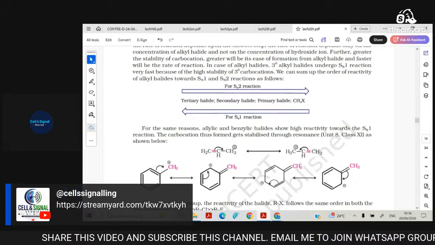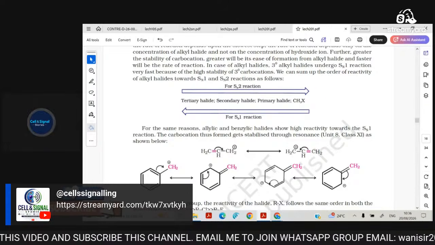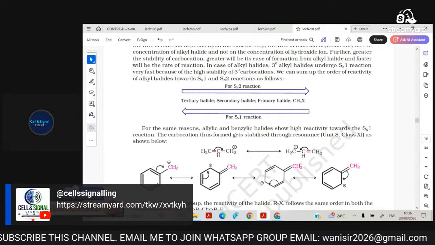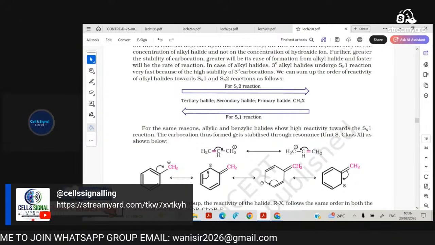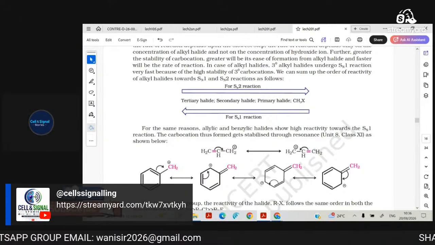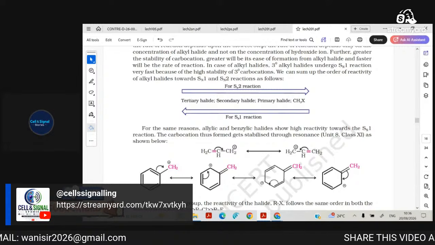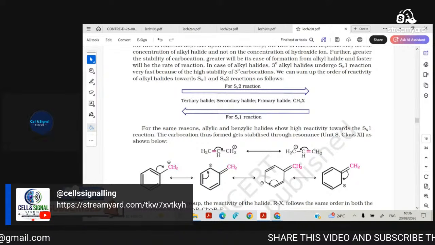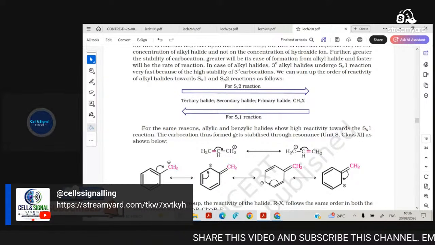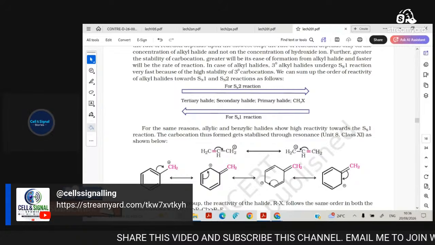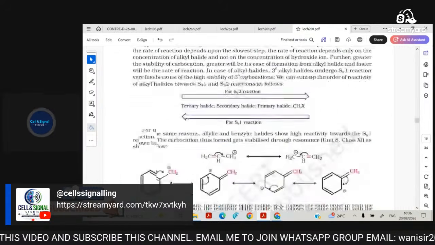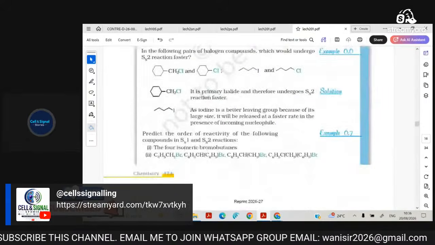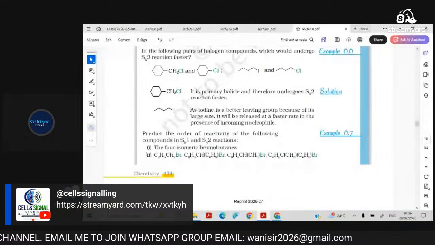That means SN1 follows the opposite order of SN2; tertiary halides take part strongly in the substitution reaction, then secondary, then primary. For the same reason, allyl and benzyl halides show higher reactivity towards the SN1 reaction, and the carbocation thus formed gets stabilized through resonance. So this is all about SN1 and SN2, a very easy topic, and don't be afraid of this chemistry.